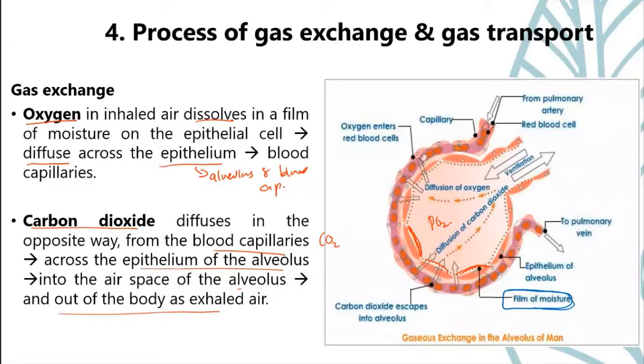If you look at this diagram, the pulmonary artery carries oxygen poor blood, and as it passes the alveolus, gas exchange occurs: carbon dioxide goes from the blood capillaries into the alveolus and out, while oxygen from the atmosphere goes into the alveolus, dissolves and then enters the blood capillaries.